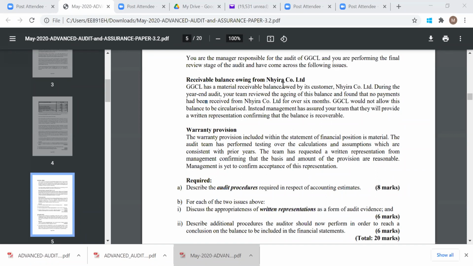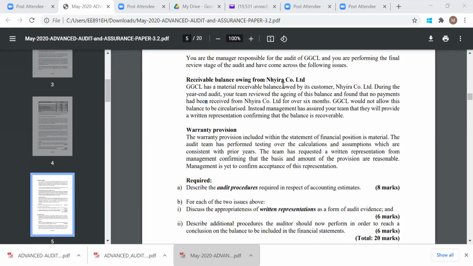If it's not clear, let me go a step ahead. When you're reading the passage on the receivable balance, you realize there seem to be other audit procedures. It says during the year-end audit, your team reviewed the aging of this balance.